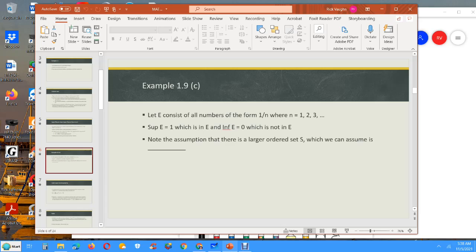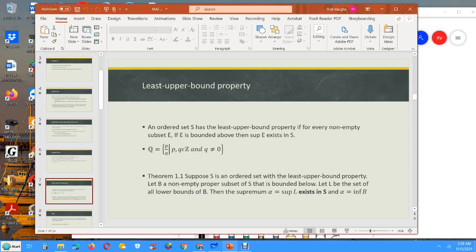The supremum is another name for the least upper bound. So the least upper bound is 1, and the greatest lower bound, the infimum, is 0. One of them is in the set, and one of them is not in the set. Then we look at the least upper bound property, properties of the supremum, and properties of the infimum.